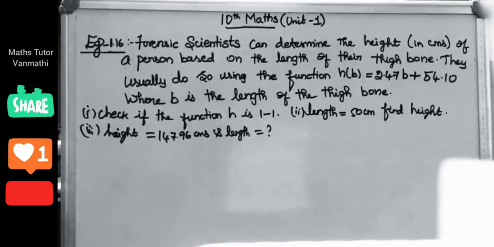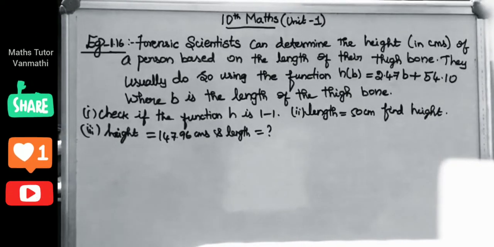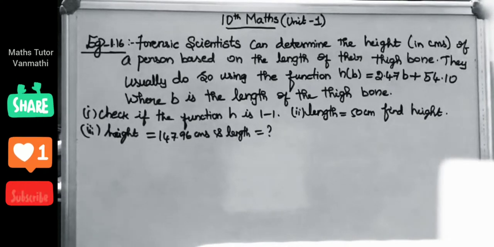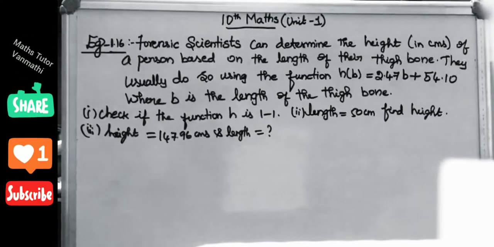This is your example 1.16. Forensic scientists can determine the height in centimeters of a person based on the length of their thigh bone.